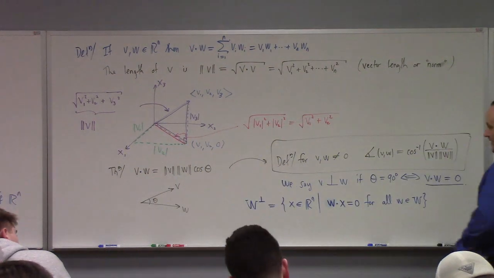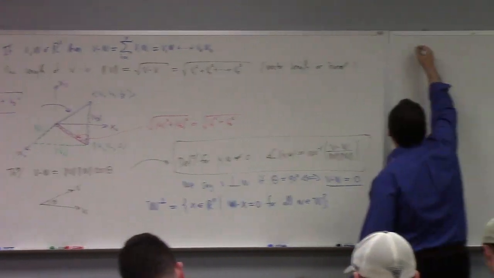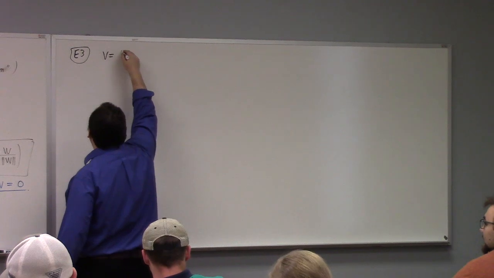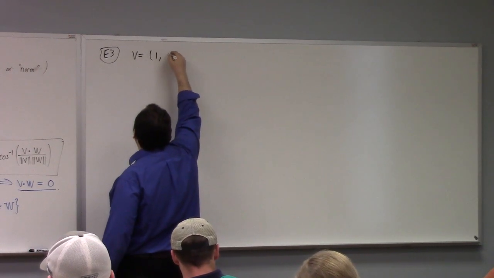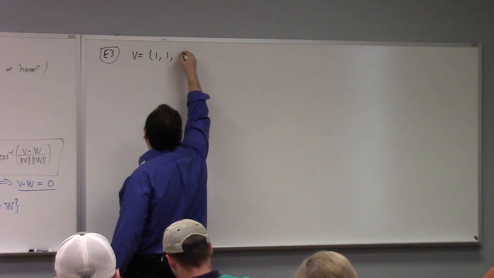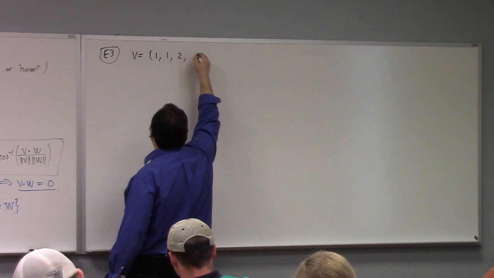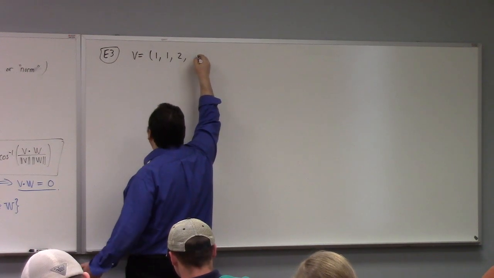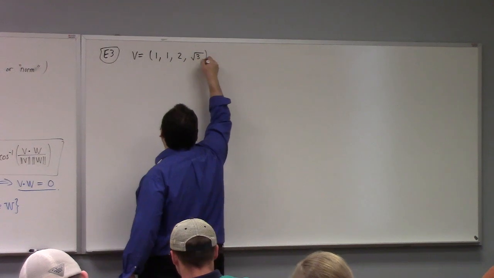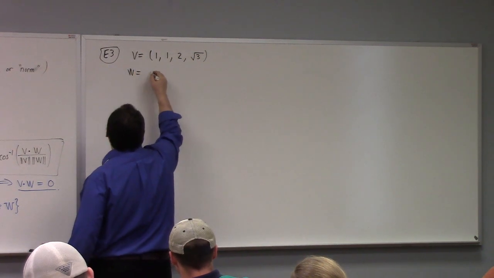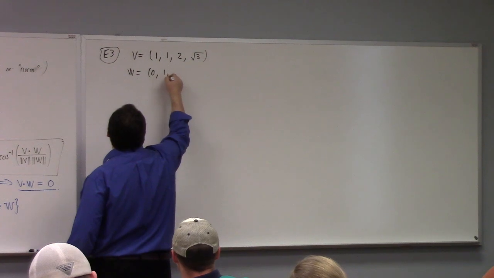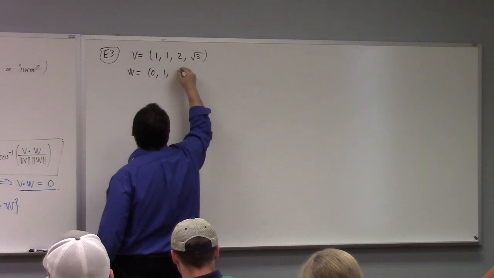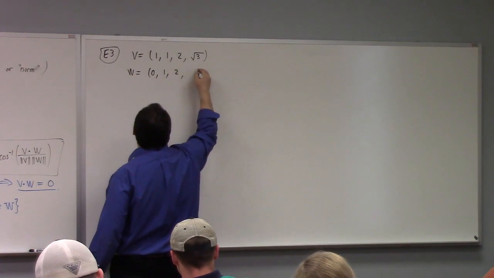Let's see here. Example, what am I on? 3? All right, so here we go. Suppose you've got V is the vector 1, 1, 2, square root of 3. And W is, let's say, 0, 1, 2, 0.